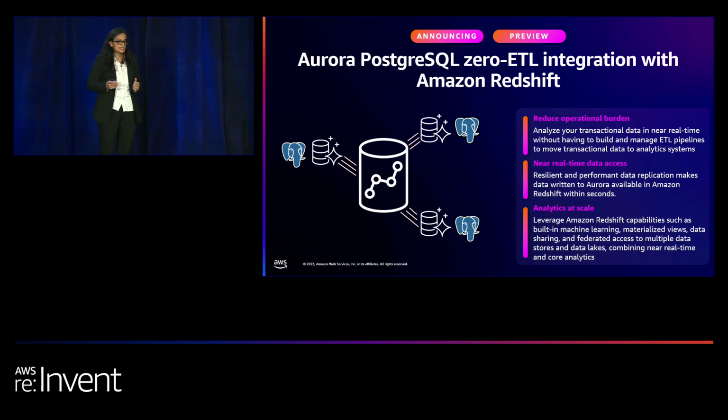We are going to show that later in the demo. Specify a source, specify a target, and that's it. That experience is uniform across the different data sources. So all the benefits that we talked about from a zero-ETL perspective apply to Postgres as well: simplifying operational burden, near real-time access, and once you have the data in Redshift, being able to do analytics at scale.